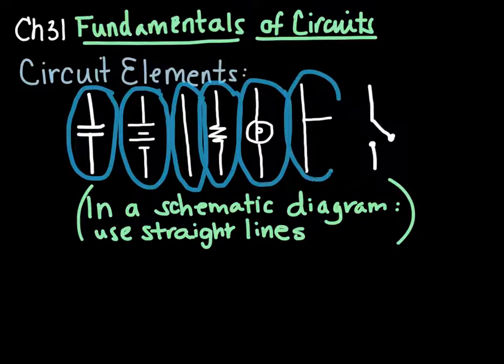Here we're just representing that there is a junction. Usually we draw junctions with a dot at the junction. And then last we have a switch. Okay? You should be familiar with most of those. For your schematic drawings, you use straight lines and not the curved wire as you would see in the actual circuit.